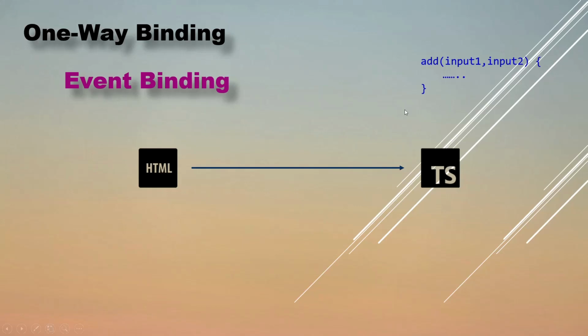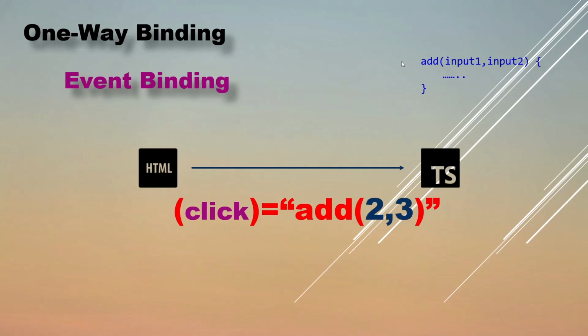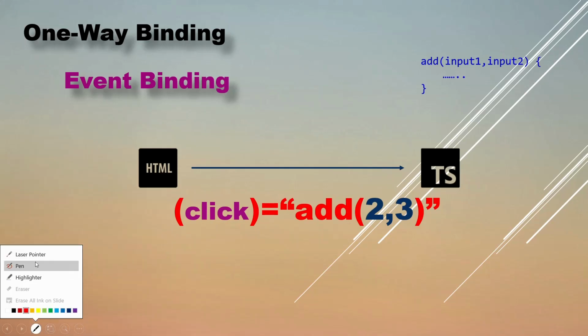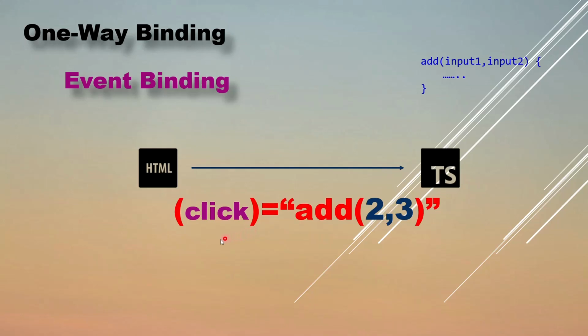Now I need to call this function add. How can we do that? There we will use event binding. First we need to give these open and close brackets, and inside them we need to have the event.